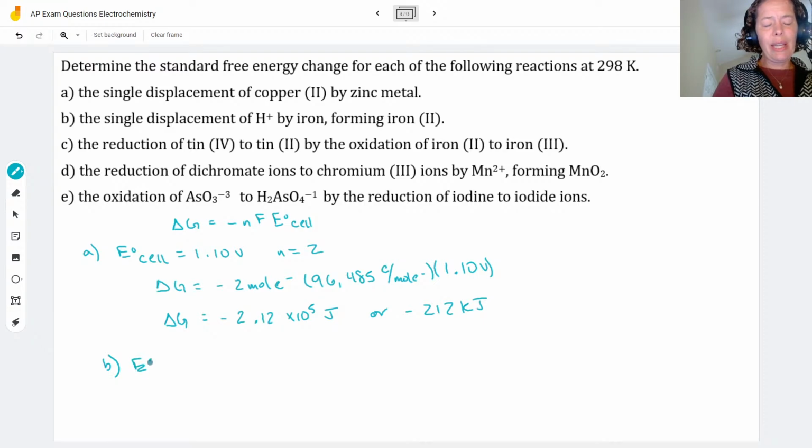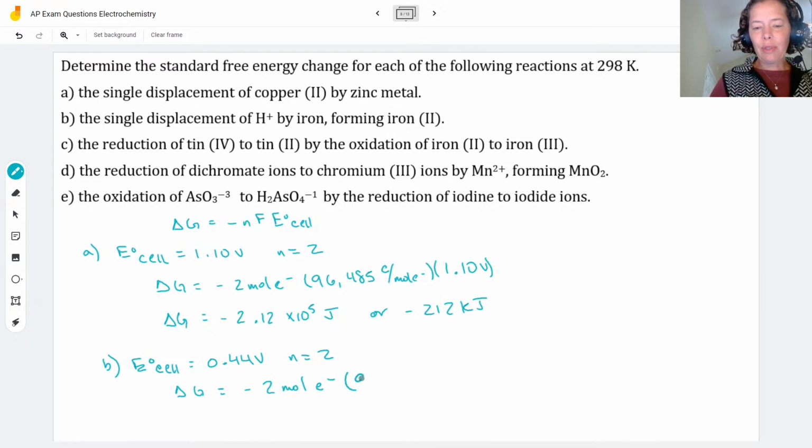Okay, so for B, we calculated an E cell of 0.44 volts. n equals 2 again. So I'm just calculating delta G here. This is negative 2 moles of electrons times Faraday's constant again, 96,485 coulombs per mole of electrons, times our E cell volts.